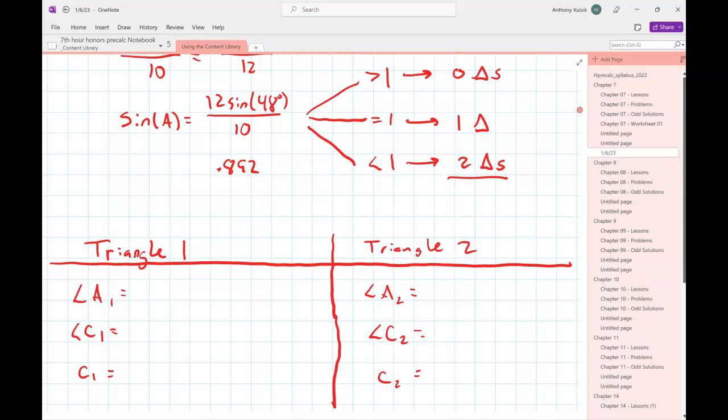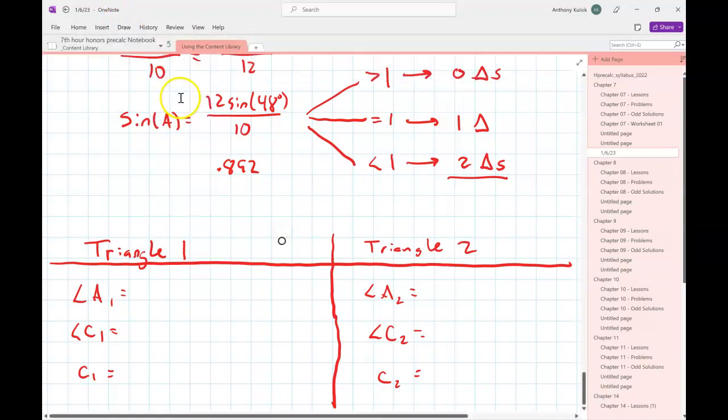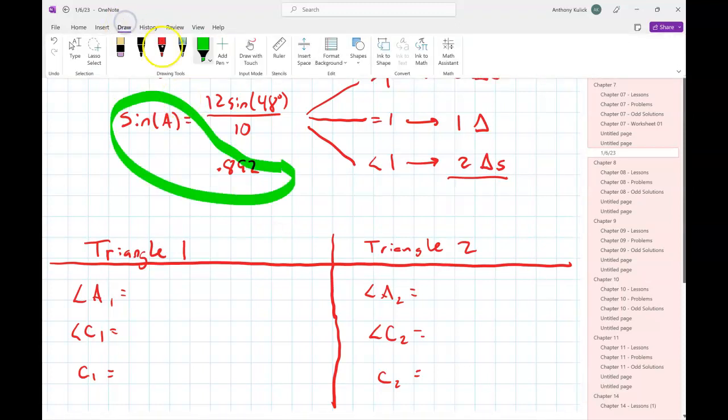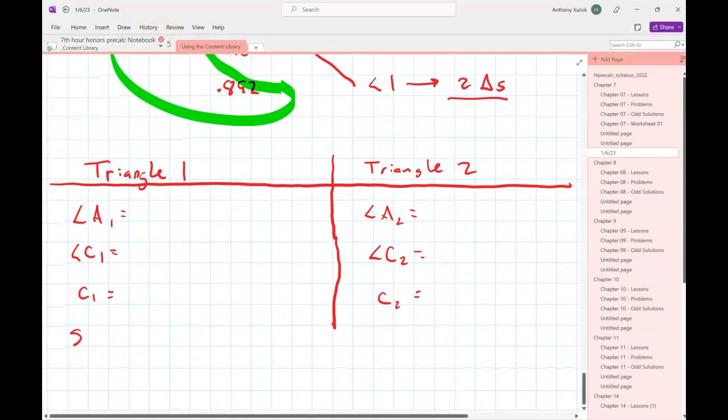Just really trying to make sure I'm keeping everything where it needs to be. Everybody so far so good? Okay. So for triangle 1, I'm going to start with this piece of information, that sine A is equal to 0.892.